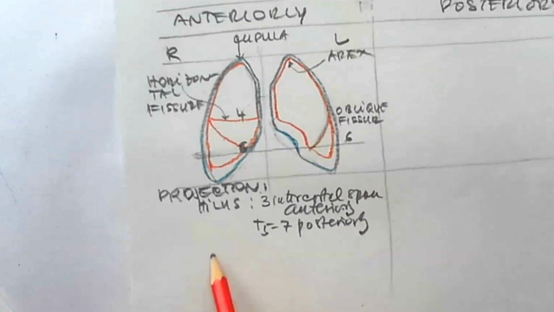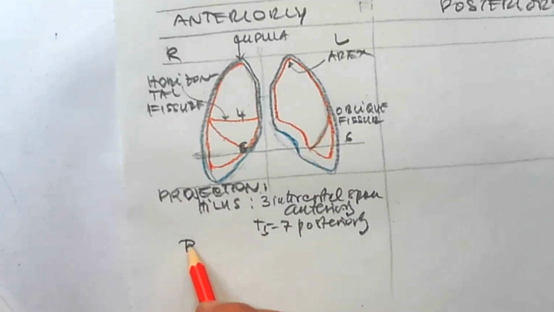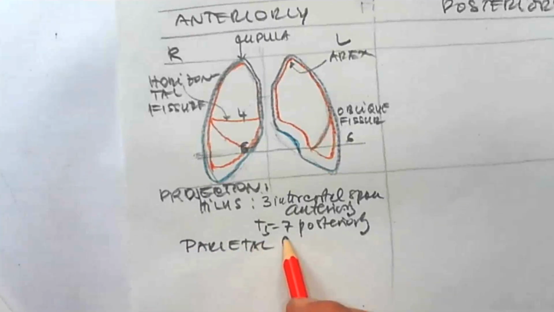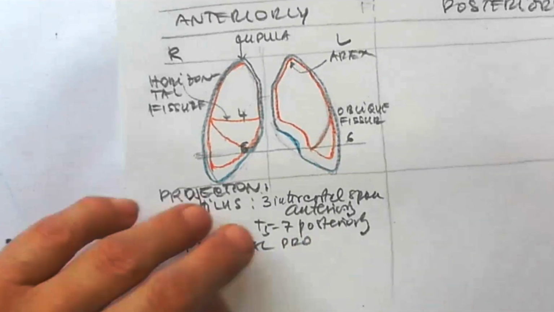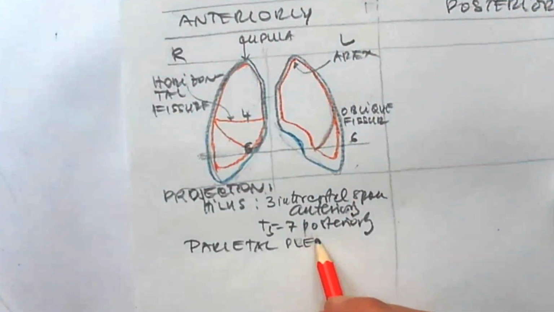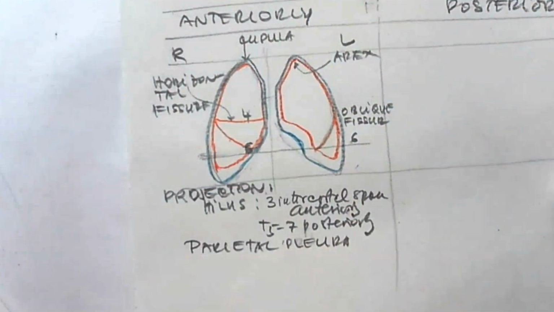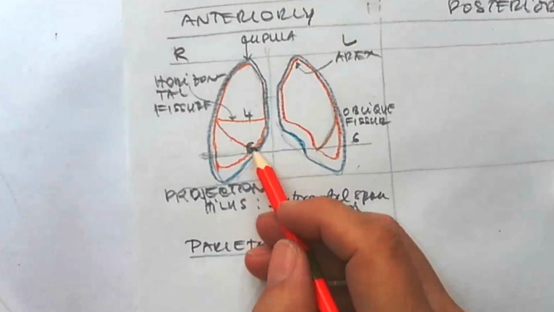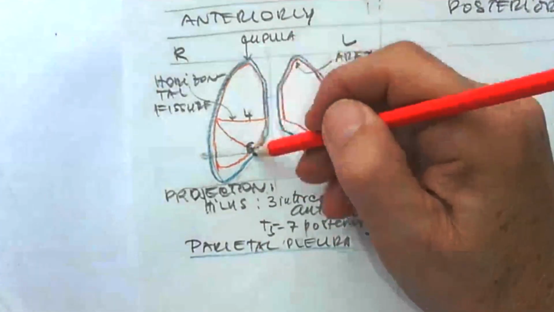Then pleura, parietal pleura. The projection of parietal pleura, just parietal pleura, correct, and must be underlined by blue, is seen in the moment.